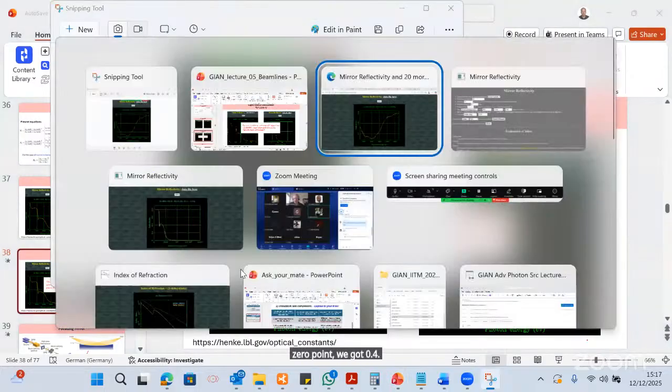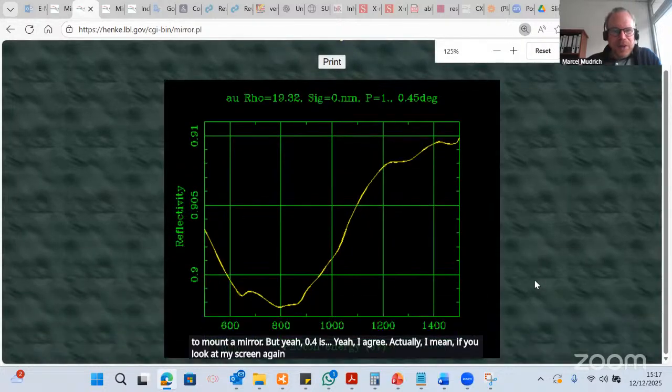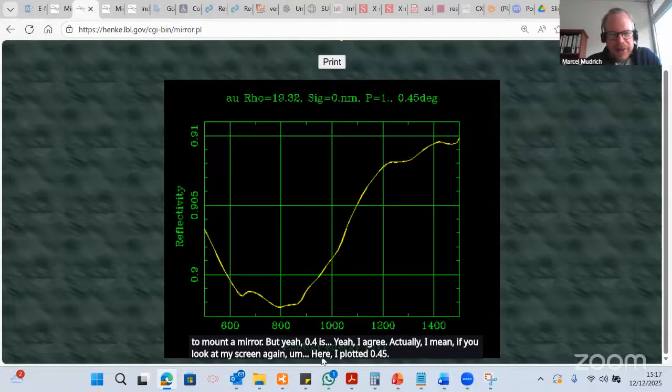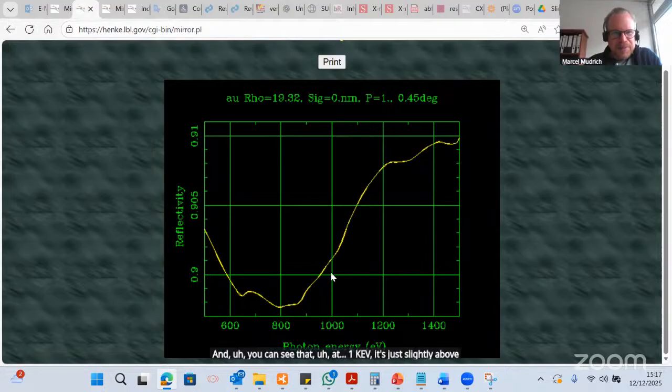Yes, I agree. If you look at my screen again, here I plotted 0.45 degrees in the range between 500 eV and 1500 eV. And you can see that at 1 keV, it's just slightly above 90% reflectivity.